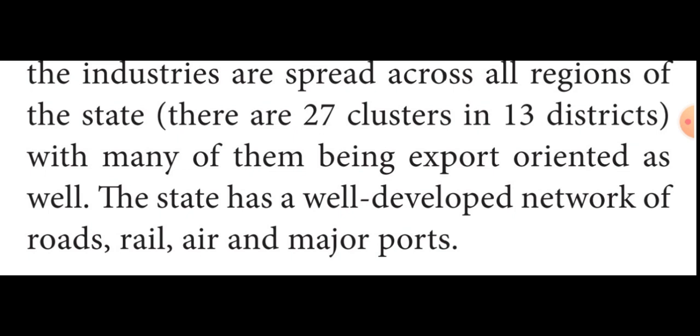That means good railway track facilities are there, airways are there, and also many ports are situated in Tamil Nadu. Through these ports they are sending their production from one place to another. Because of that, Tamil Nadu has good development for production, and many industries were set up in Tamil Nadu. Okay, students, can you understand?